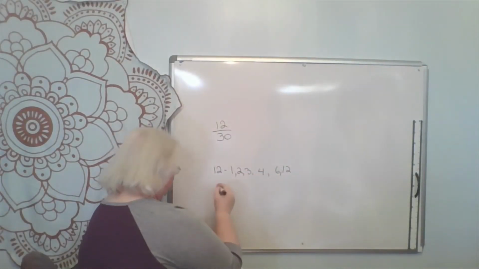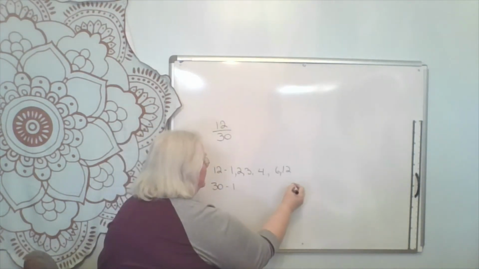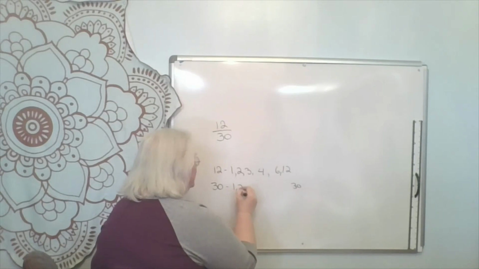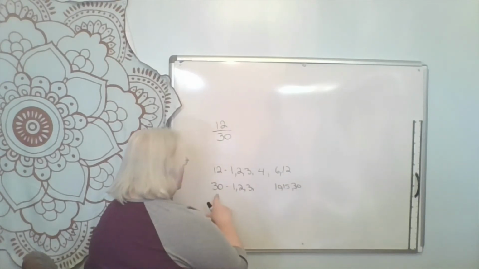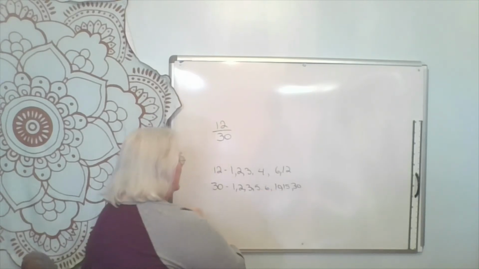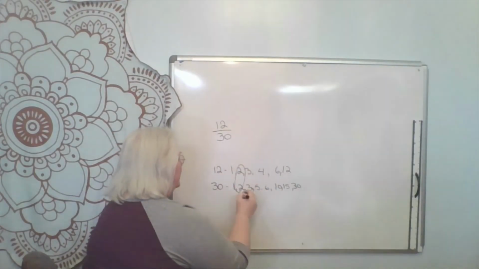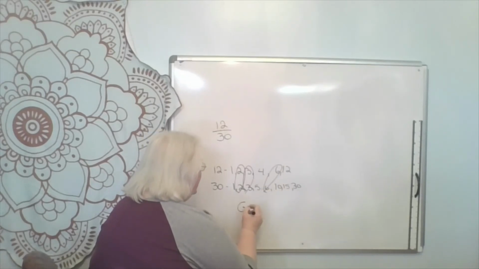And the other number is 30. We also did this one, 1 and 30, 2 and 15, 3 and 10, 4 won't go into it, and then 5 and 6. And when we looked at the common, we got these, and we know the greatest common factor is 6.